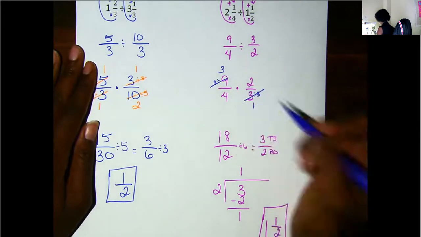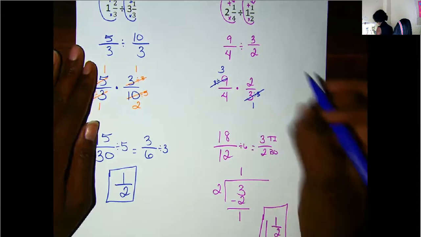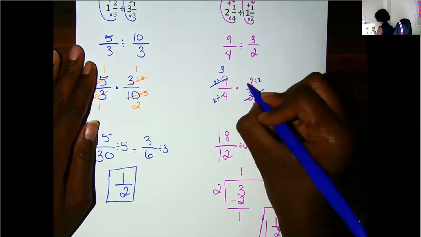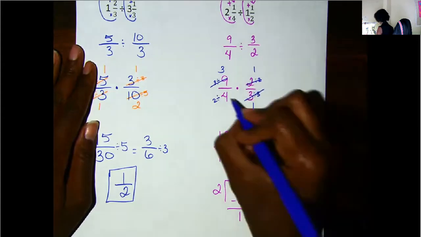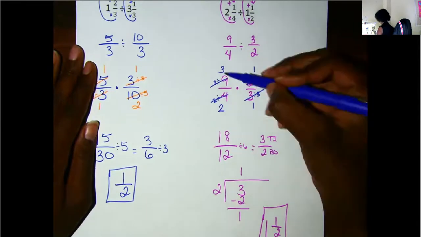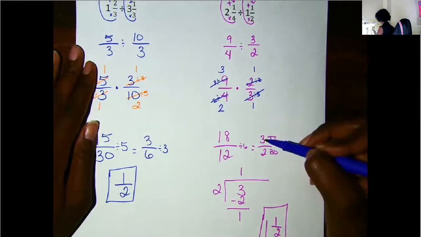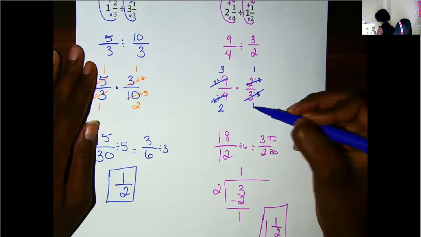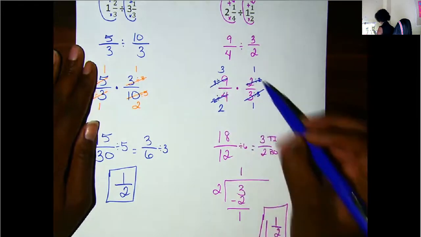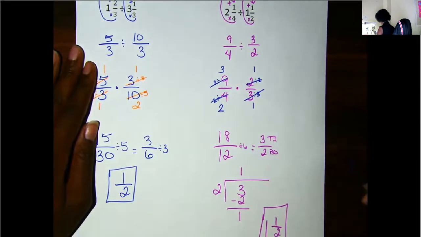Do they share anything? Yes, they both share the 2. 2 divided by 2 is 1. 4 divided by 2 is 2. 3 times 1 is 3. 2 times 1 is 2. Again, our shortcut cuts out that middleman, and we still get to our final answer.